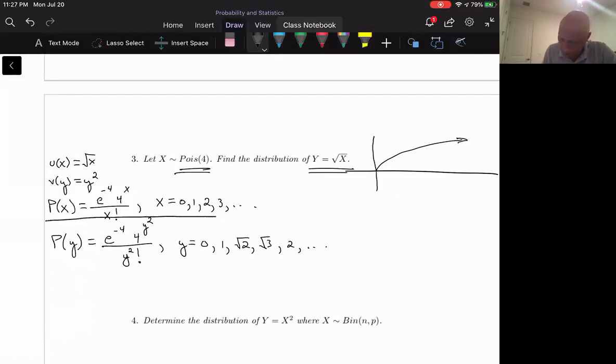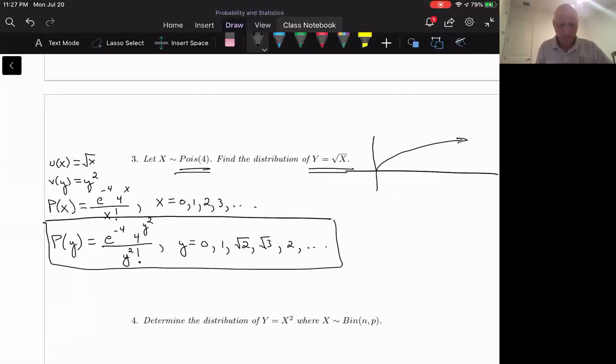And that's it. So y is not quite discrete, they're not all integers, but it is a valid distribution, even though what y can be seems a little awkward.